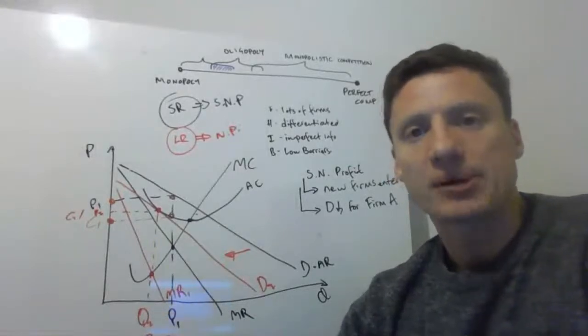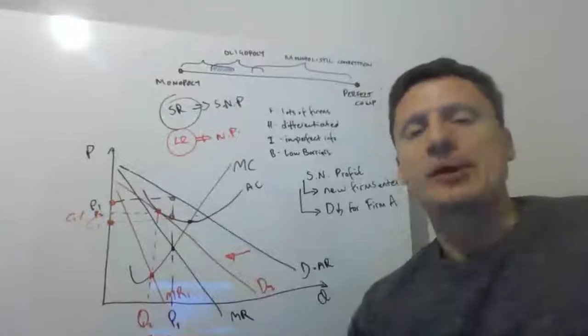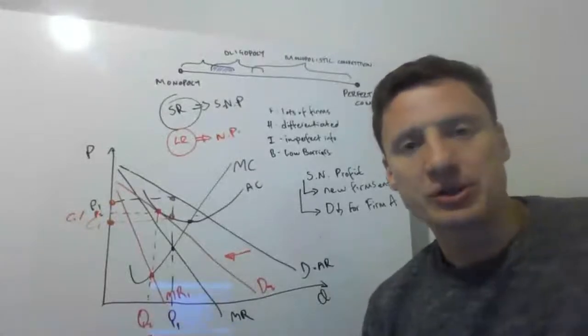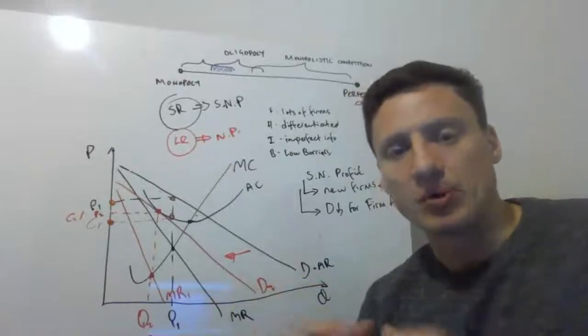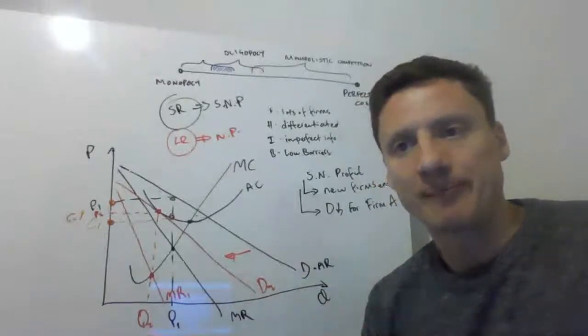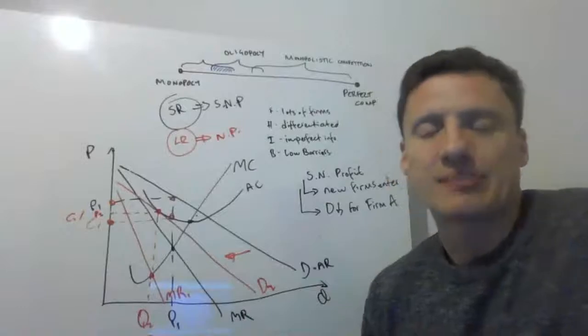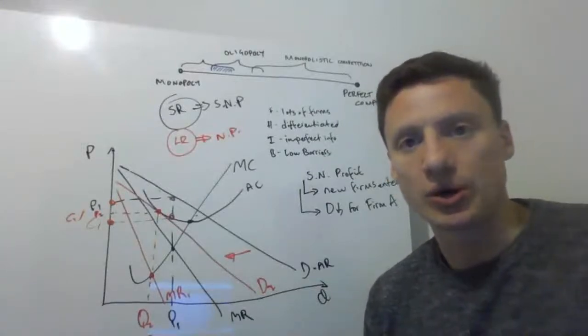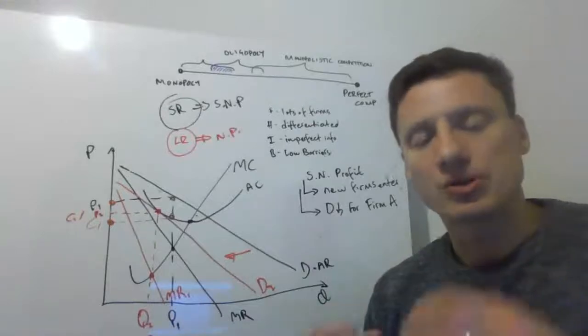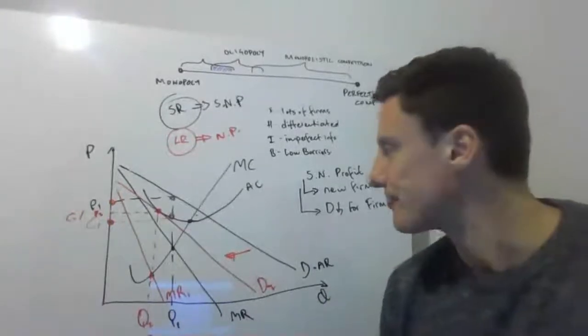They entered the market because of the supernormal profit, but because all of those firms are now entering the market, there's less profit to go around for everybody, and everybody will end up with normal profit. And when there's normal profit, then the market is in equilibrium. There is now no incentive for anybody else to join or indeed leave. Okay, so the market is now in equilibrium.